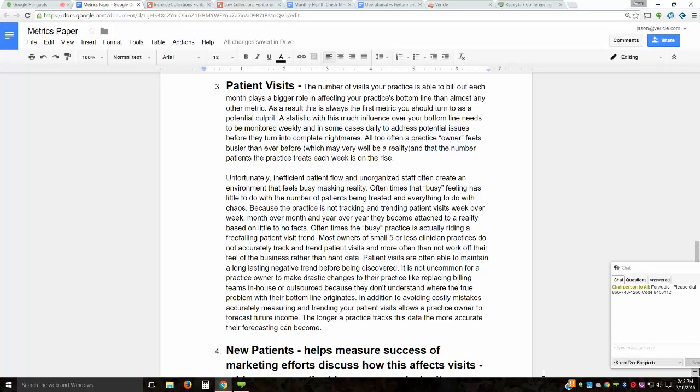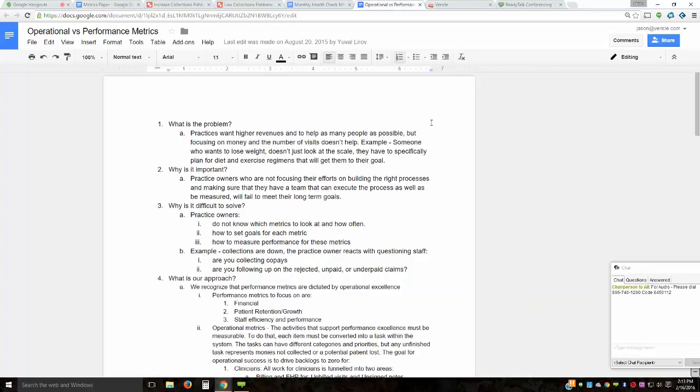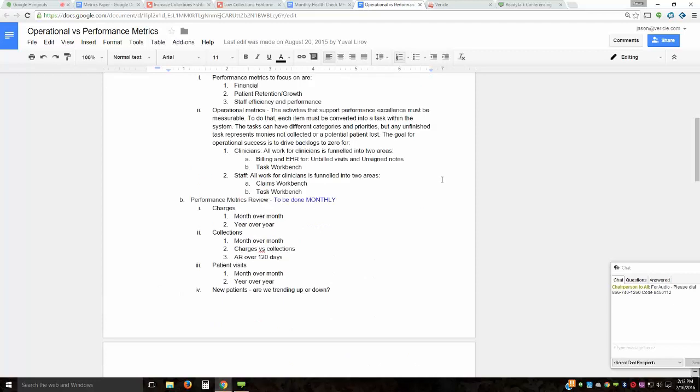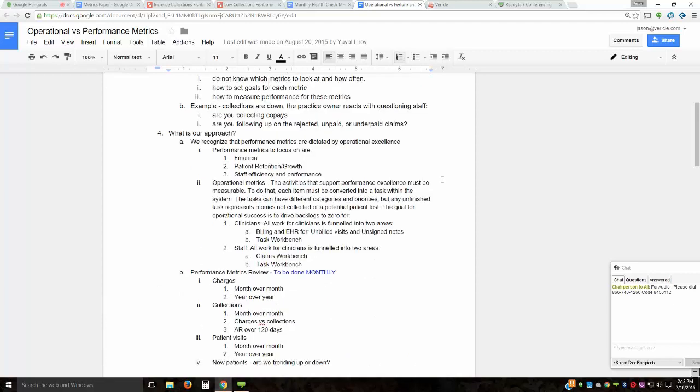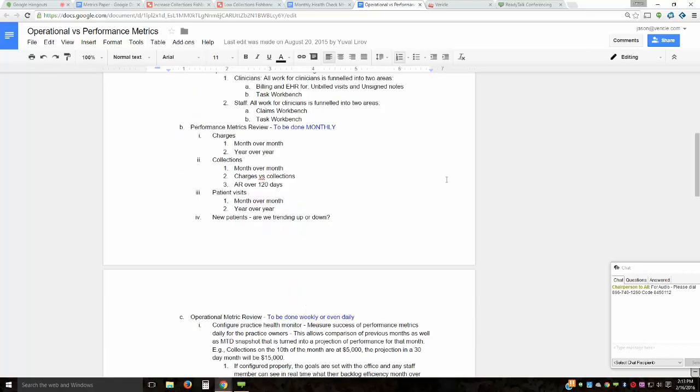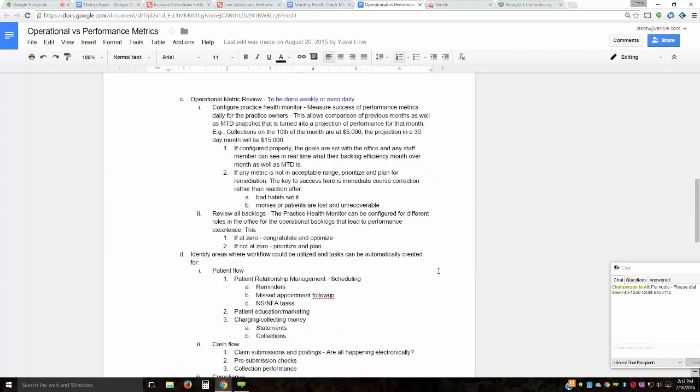So we look at different metrics as operational versus performance metrics. We have to be able in practice to say our performance metrics are our charges, collections, patient visits. Our operational metrics are many, but the operational metrics, such as making sure that all the reminders went out, lead to all of your financial, your big picture metrics.